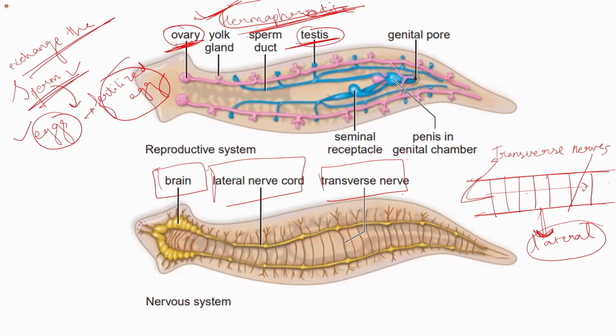They possess a ladder-like structure of nerve cords called the nerve ladder. This structure consists of two main longitudinal nerve cords which are connected by the transverse nerves, as I show in this figure.